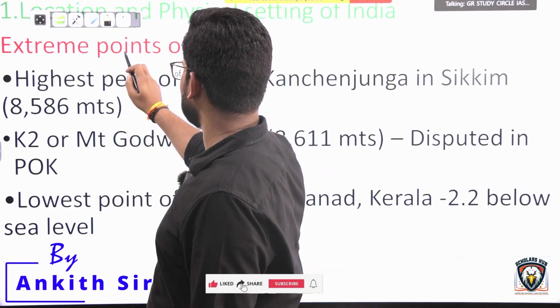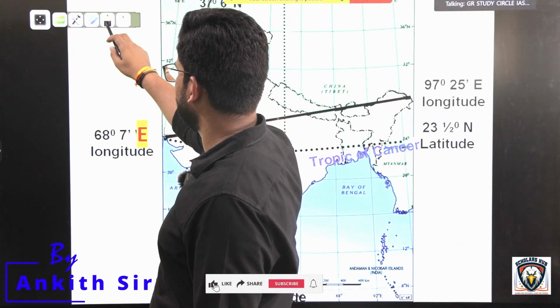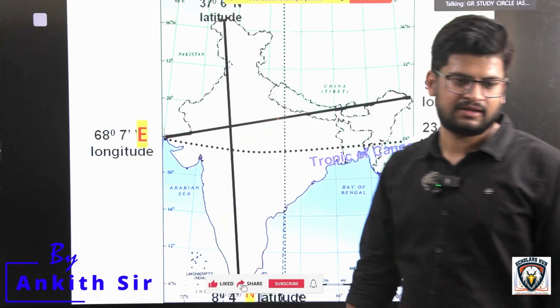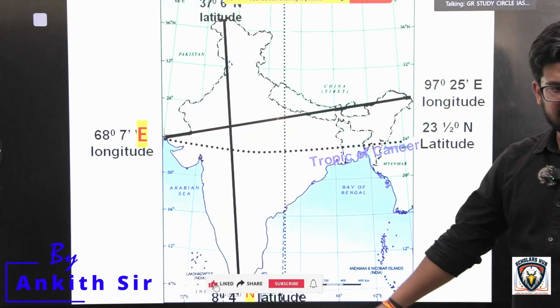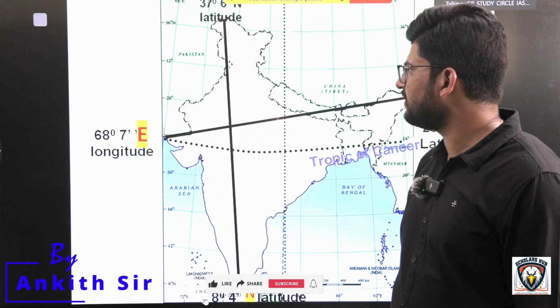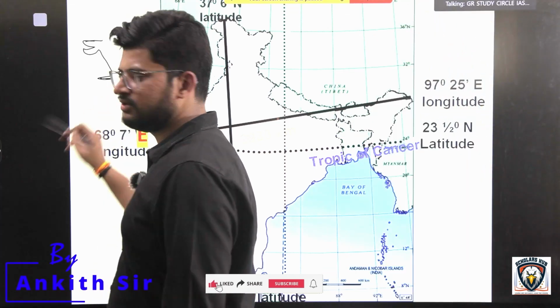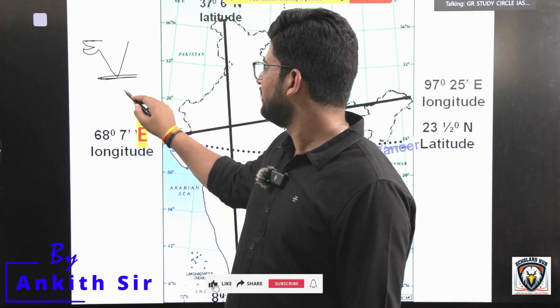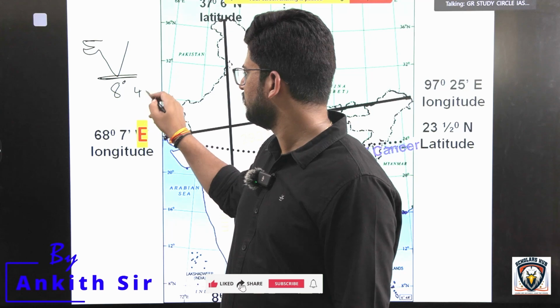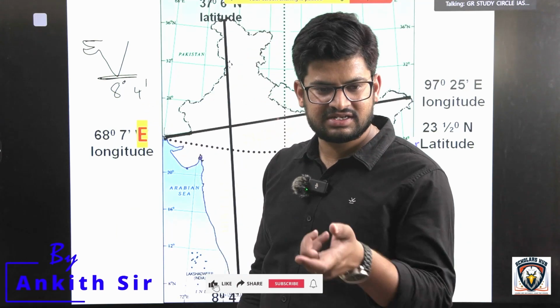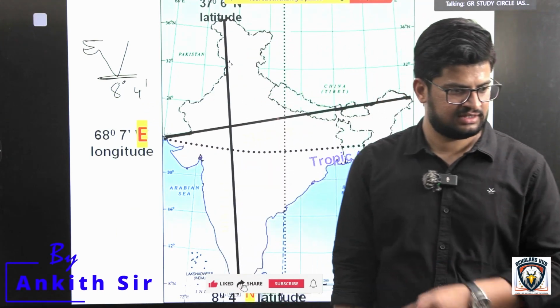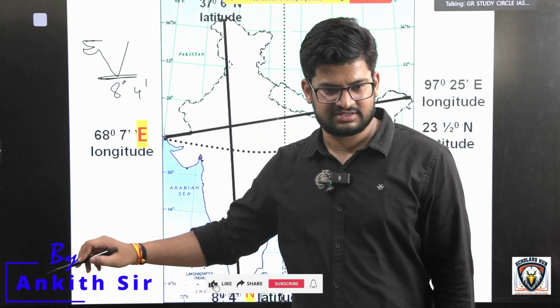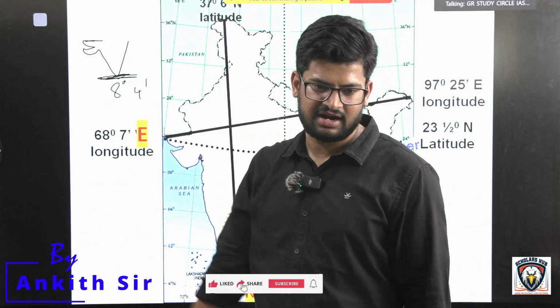So what is the latitudinal and longitudinal extent of India? Very important point. India is located between the southern latitude of 8 degrees 4 minutes. Each degree is divided into 60 minutes. So 8 degrees 4 minutes is the southern latitude of the mainland of India.